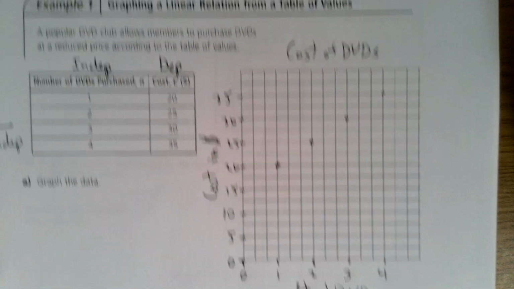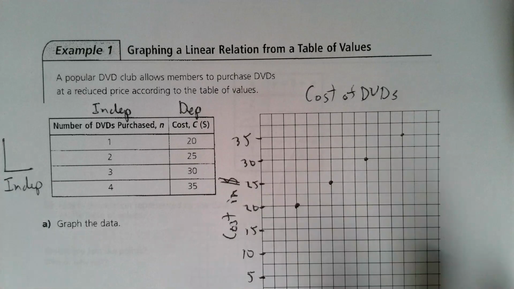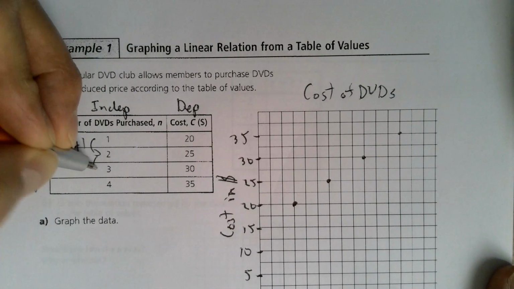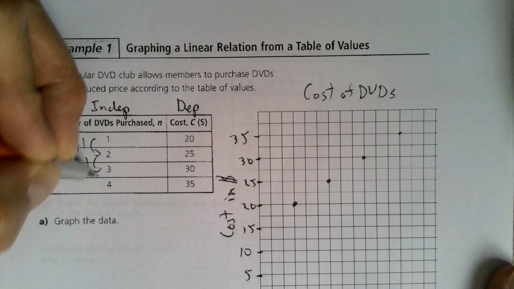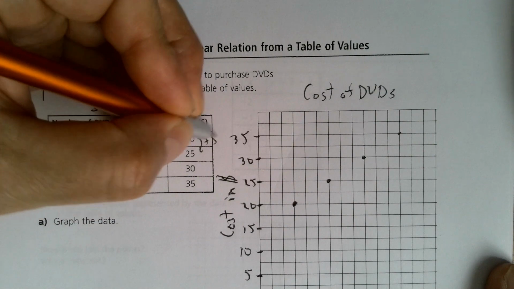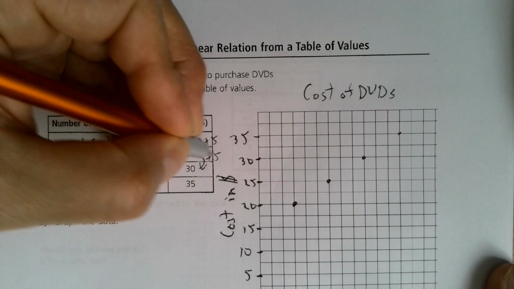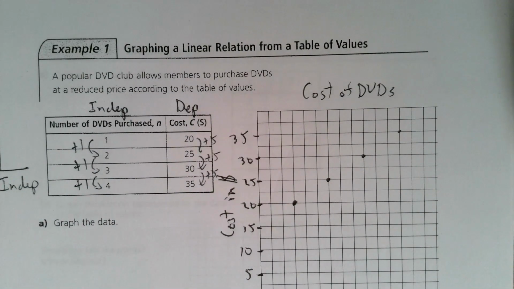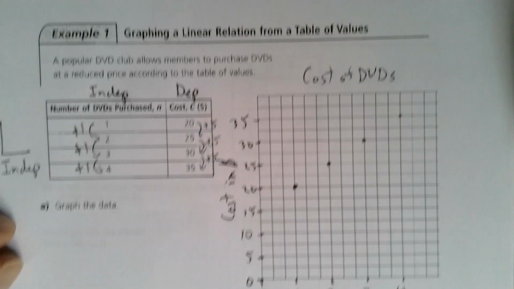Okay, and let's have a look at the pattern in the table now as well, just to double check. These are all going up by 1. And over here, the cost of the DVDs, those are all going up by 5 every time. So another reason we know it's linear is the table change is constant.